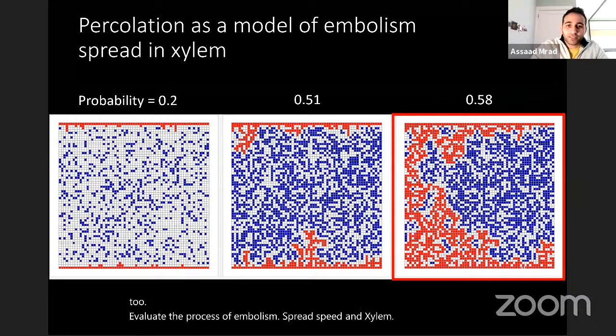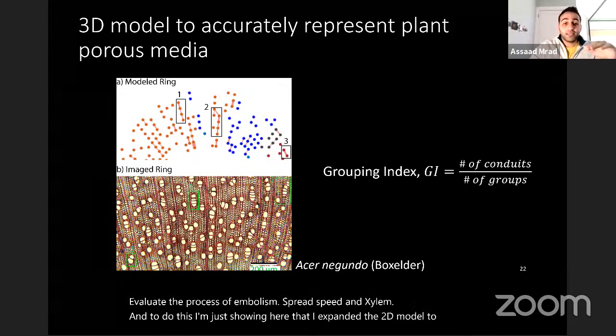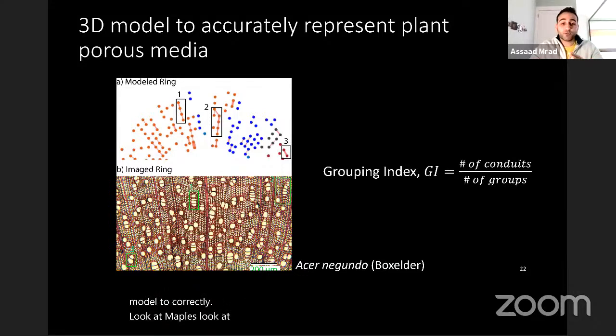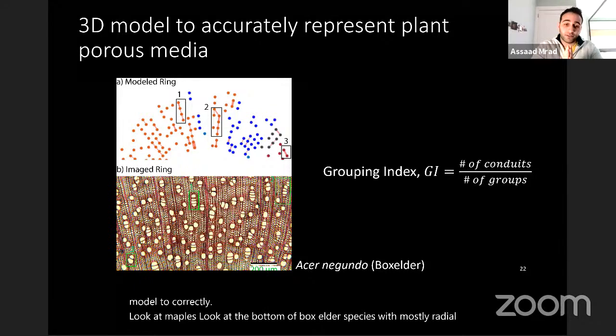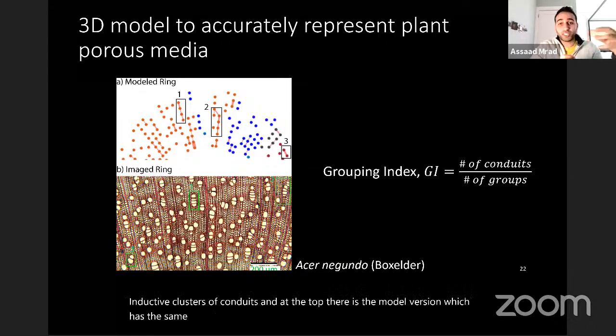And to do this, I'm just showing here that I expanded the 2D model to a 3D model to correctly look at maples. Look at the bottom, a box-elder species with mostly radial conductive clusters of conduits. And at the top, there's the modeled version, which has the same patterns of conduit connectivity, mostly in radial arrangements.